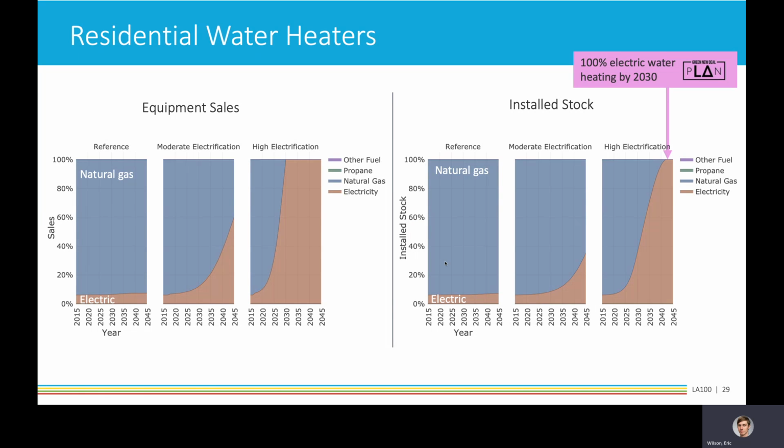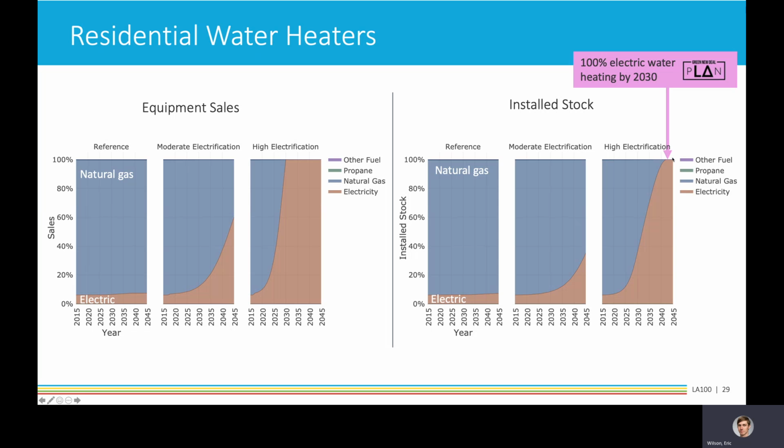And you can see that we increase that over time for the moderate and high scenarios, so that by 2045, in the high electrification scenario, you see 100% electric water heating.